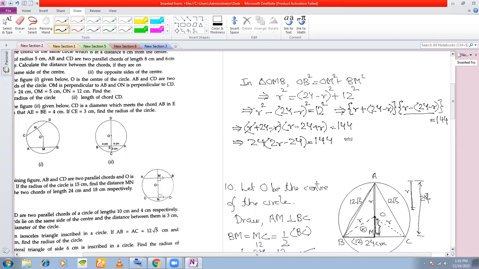And then I can divide both sides by 24 to get 2R minus 24 is equal to 144 by 24, right? Now you can cancel this with 12 or cancel this 24 also. 12 and 2, 6. 24 into 6 will give you 144. So what are you getting? You're getting 2R minus 24 is equal to 6.